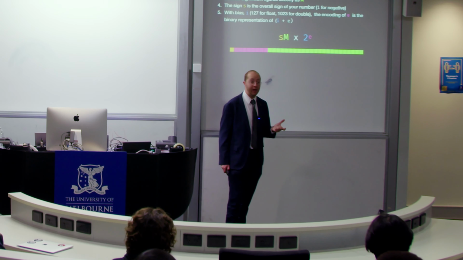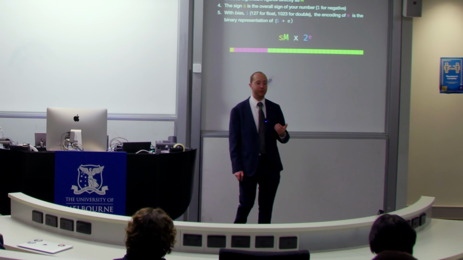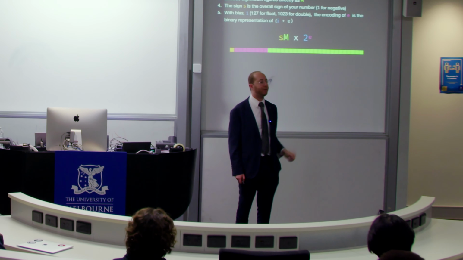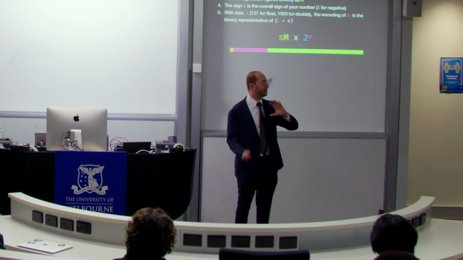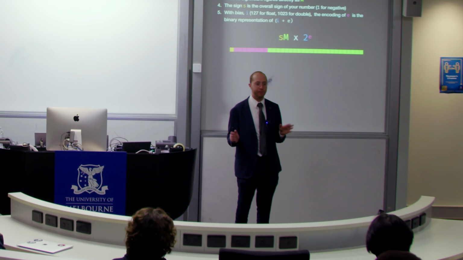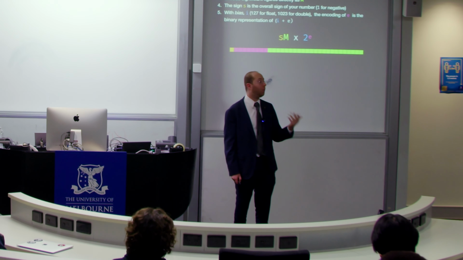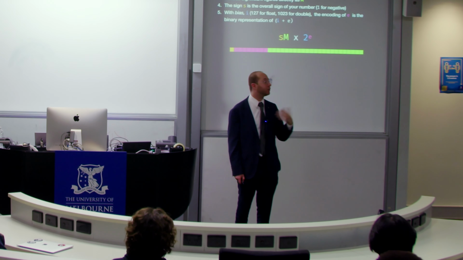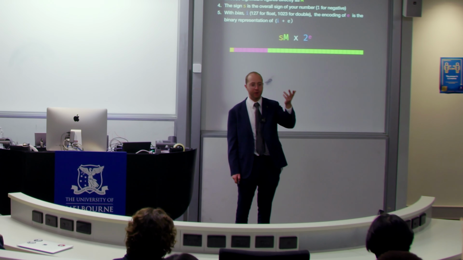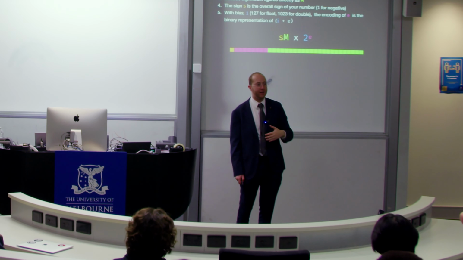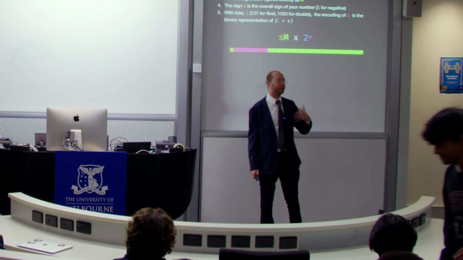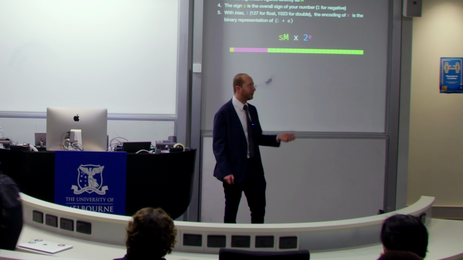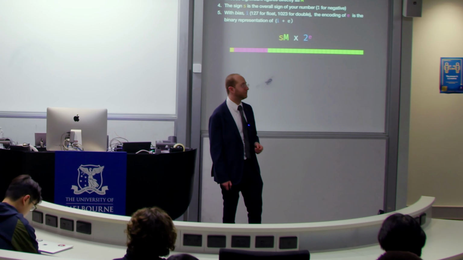And the way we use the bias is we'll make 127 the base point. 127 will be equal to 0 when we use it as an exponent. 127 plus 1 will be positive 1, 127 plus 2 will be positive 2. Likewise, 127 minus 1 will be minus 1, and 127 minus 2 will be minus 2.